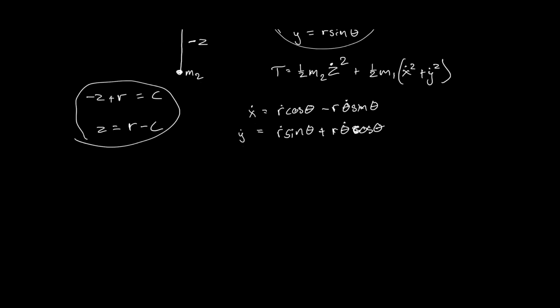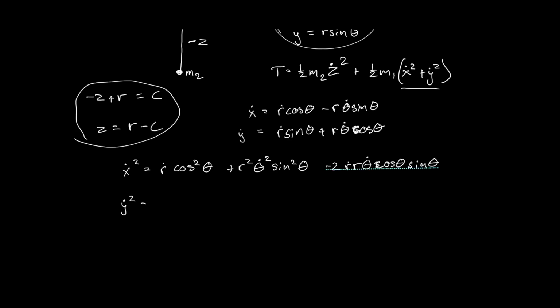And then we have to square these, which x dot squared is r dot squared cosine squared theta plus r squared theta dot squared sine squared theta plus the term in the middle, which is minus 2 r dot r theta dot cosine theta sine theta.